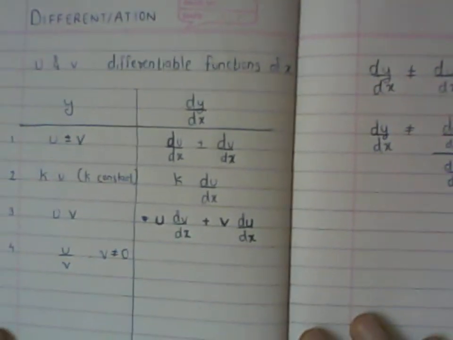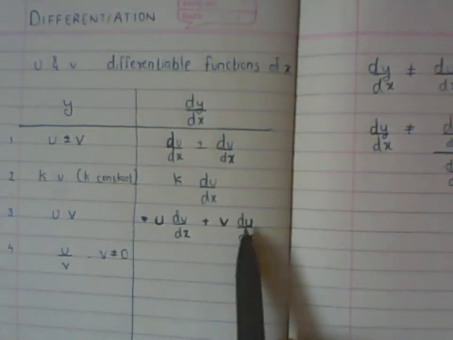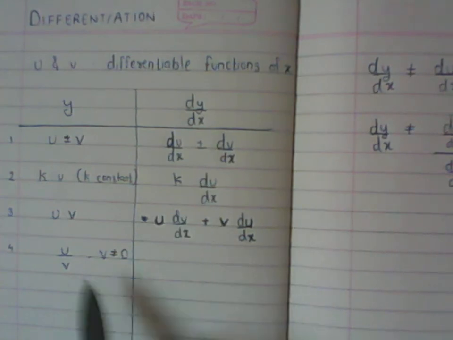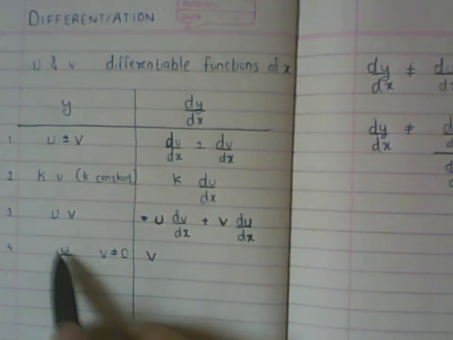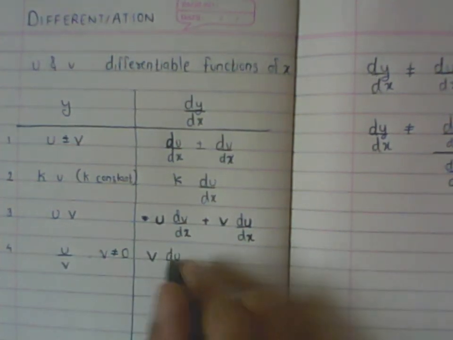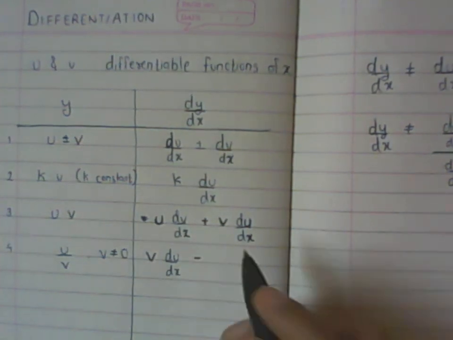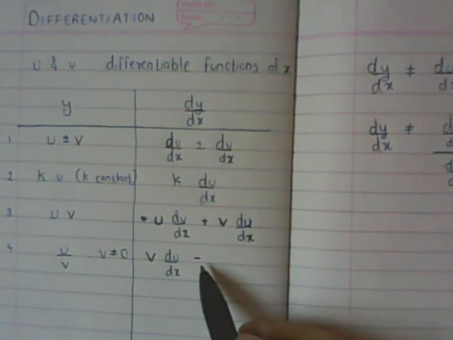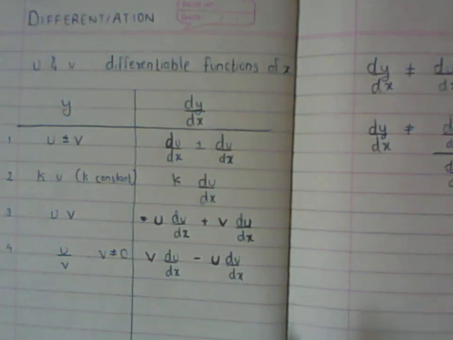So what is the case? What is the derivative of a quotient? It is nothing but something like this, but a little bit more complicated. What you do is you start with the second function v that is there in the denominator, multiply it with the derivative of the first one, that's du by dx, and then you subtract the other way around. So the other way around is you take the first function u and multiply it with the derivative of the second function dv by dx, and this is not it.